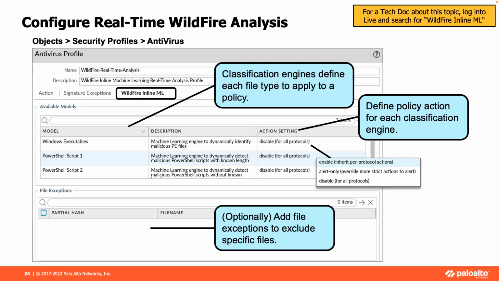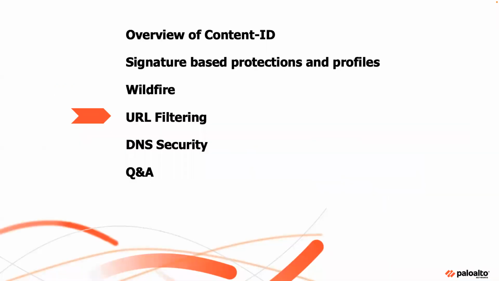Historically, just FYI, we didn't have this functionality all the time. It used to be that basically we'd allow a user to download a file, we'd buffer it, send it to WildFire for analysis, and in the meantime, patient 0 gets infected. Now we can block this stuff before it ever gets downloaded. And then, as I said, we can continue to send it for analysis and figure out whether it's good, bad, or indifferent.